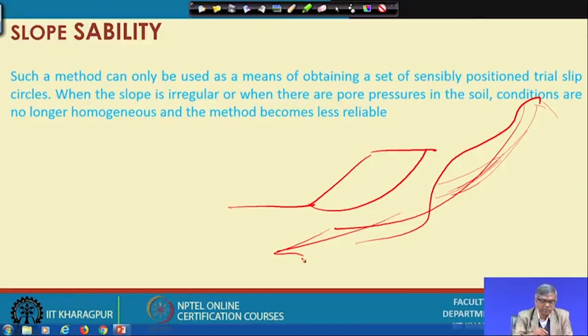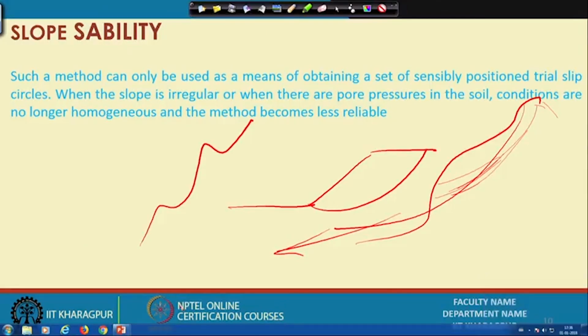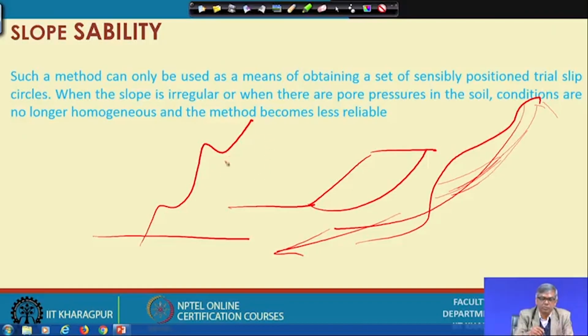So, with this type of irregular slope in hilly areas, if you do analysis you may not get enough factor of safety, particularly during rainy season, because of the development of pore pressure, this slope becomes unstable.